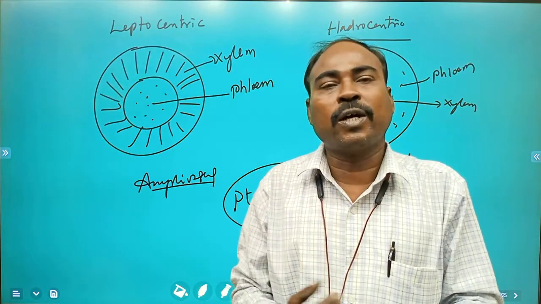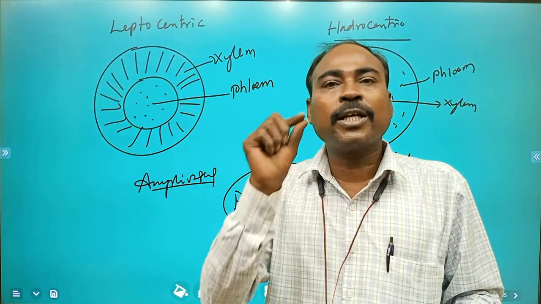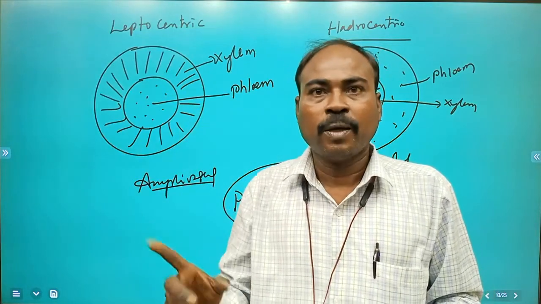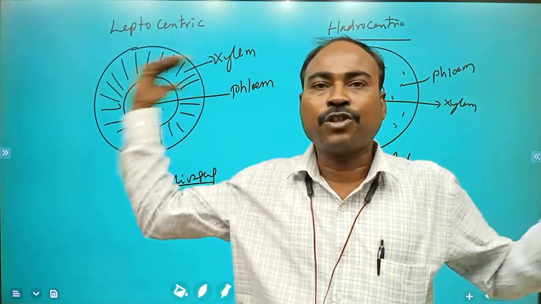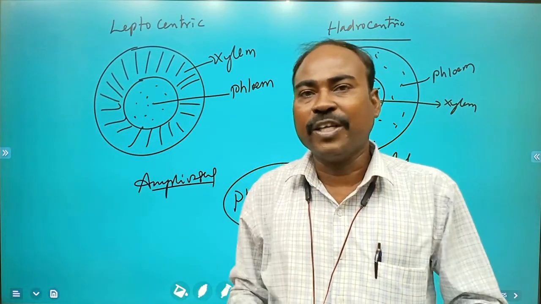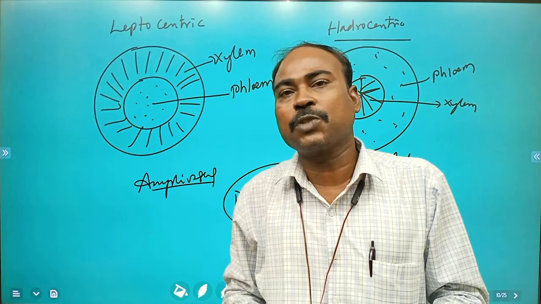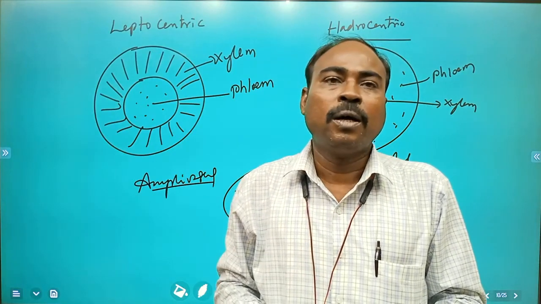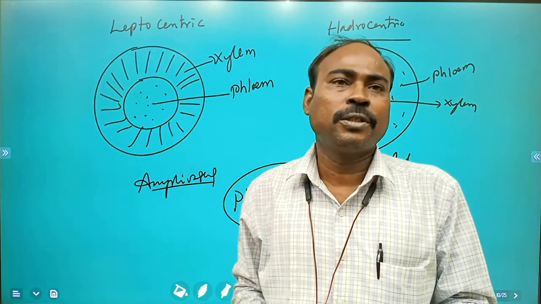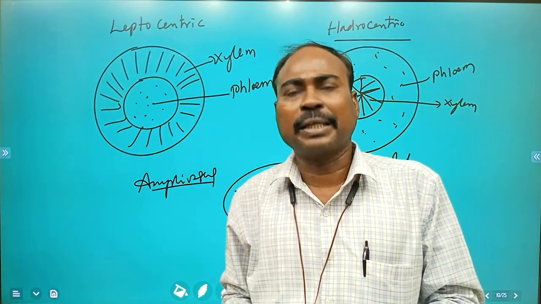In the next class, we are going to start the anatomical structure of dicot root and monocot root. What are the layers from external to internal, how they are arranged, what are the features of the TS, that is the transverse section of the roots, both dicot and monocot roots, right? Thank you students, meet you again in the next class.